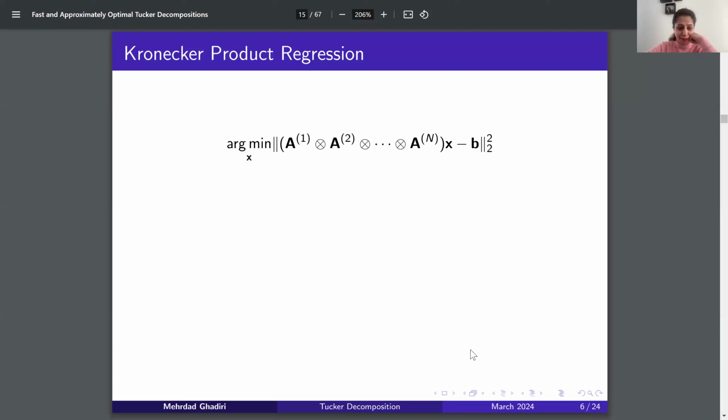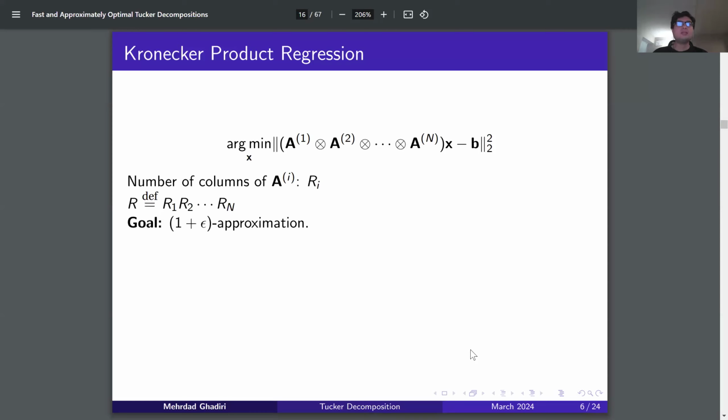Okay, so let's first figure out how we are going to solve the easy problem, the Kronecker product. What are the variables in my running time that I care about? First of all, suppose the number of columns of A_i is R_i, and we assume that the number of columns is less than the number of rows.